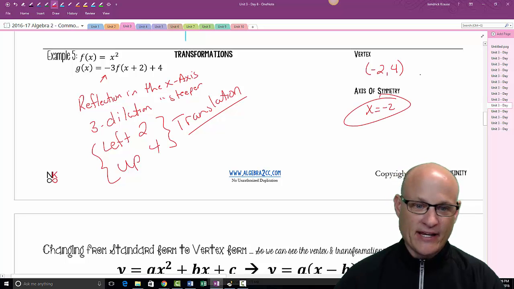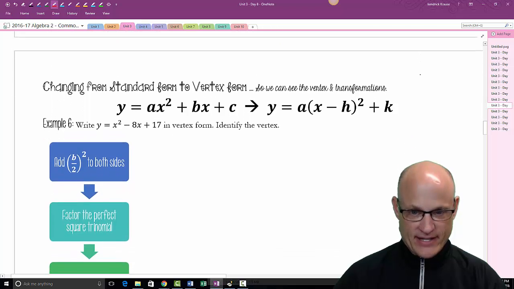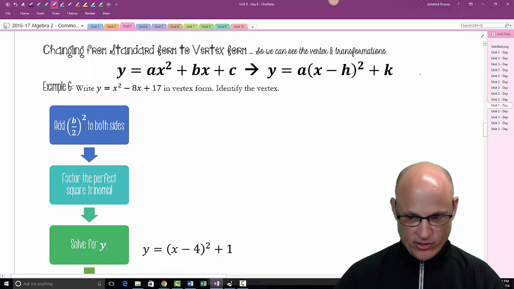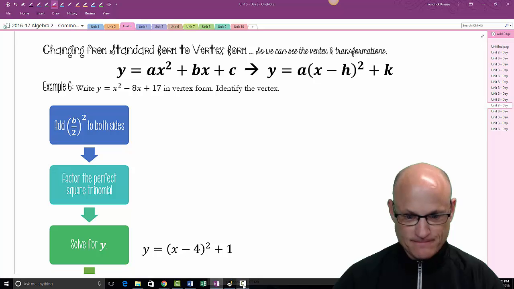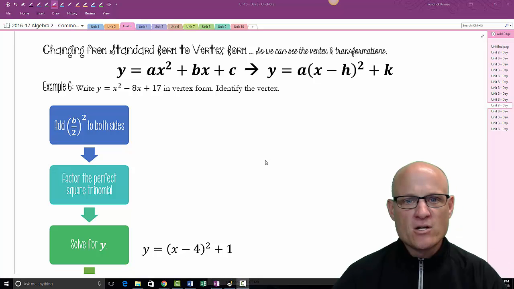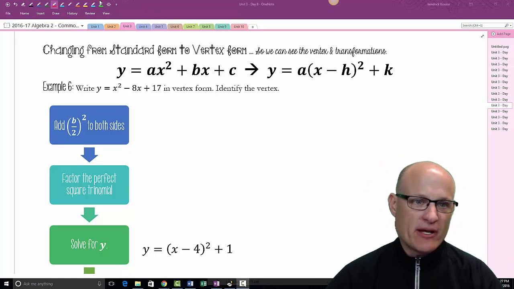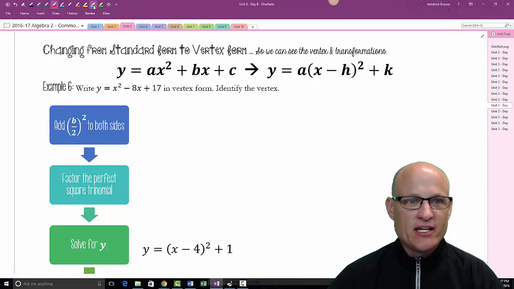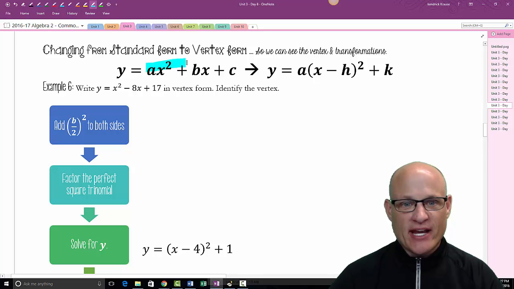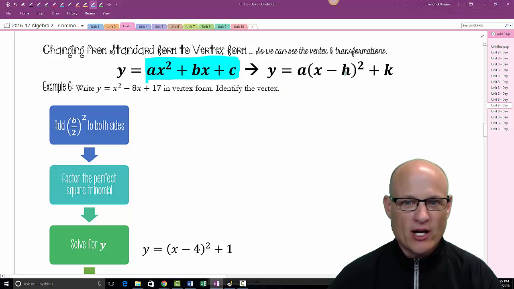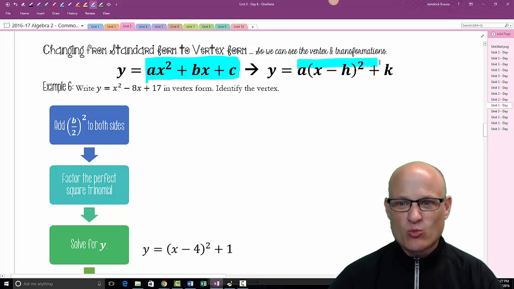All righty. I'm going to pause now that I did that whole page. So this is what we're here to talk about. Some cool stuff coming. Our goal today, and I kind of prefaced this yesterday, is to take a quadratic in standard form, ax squared plus bx plus c, when you can't really graph this that well, to a form that's really easy to graph and see what's going on.